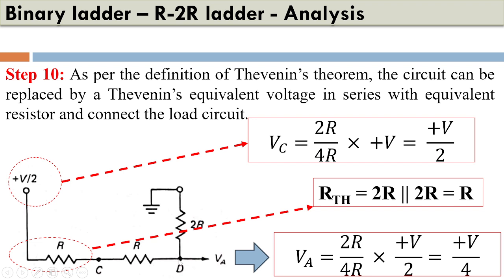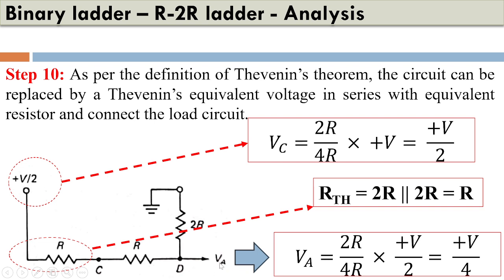I'm extremely sorry, the voltage across D will be calculated across this resistance, which is 2R, and on the left side of D we have two resistances, each of value R, in series, so again this will be 2R, and this is connected to a voltage V by 2.